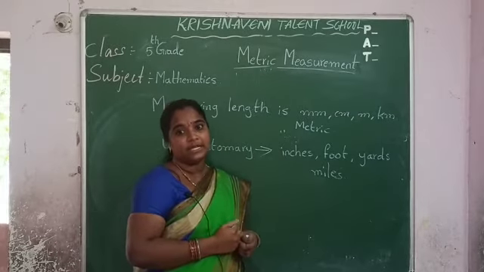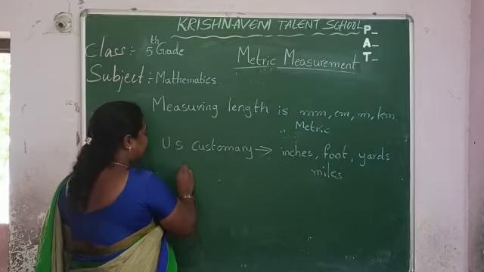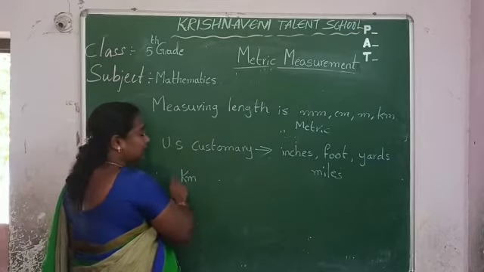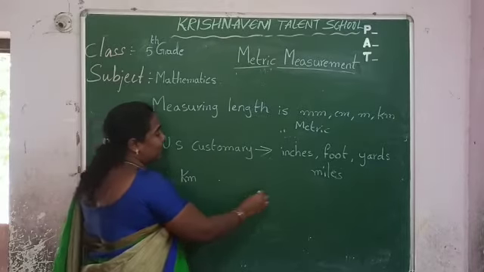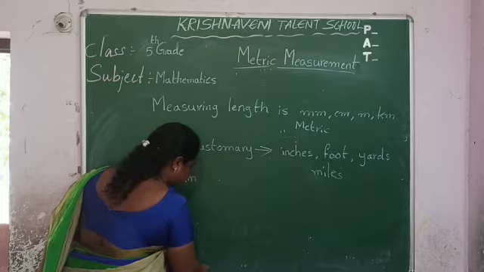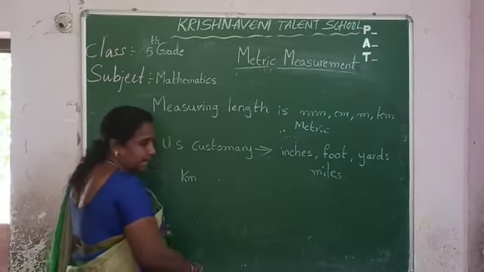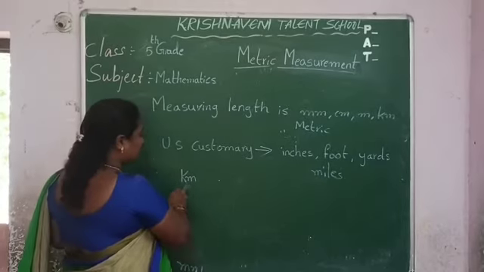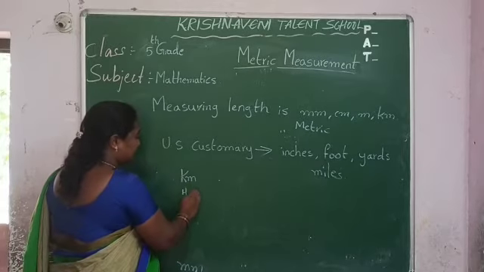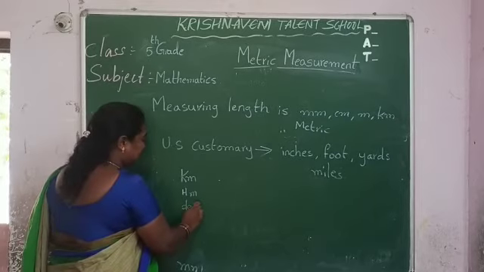Now, what is the relation between all these units? Once you see here, in metric measurements, the higher unit is kilometer, the smallest unit is millimeter. Kilometer's short form is km, millimeter's short form is mm. Next, after kilometer is hectometer, next decameter.